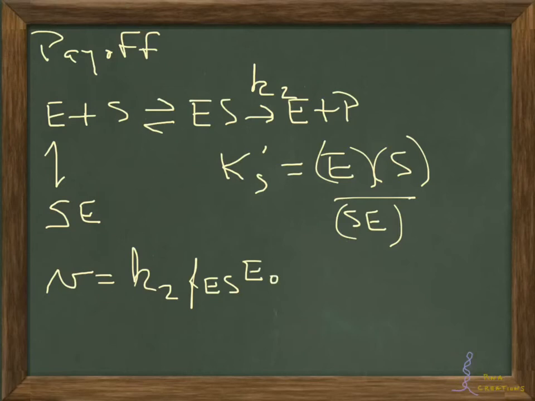So K2 is still the same, E naught still the same, but that thing has changed, fraction ES, all right? And so let's go ahead and derive an expression for that.